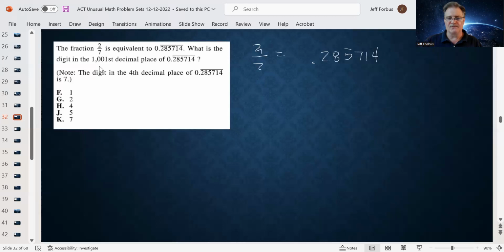Notice there's 1, 2, 3, 4, 5, 6 numbers, and they put the repeating bar on it. So they're telling us these 6 numbers repeat.